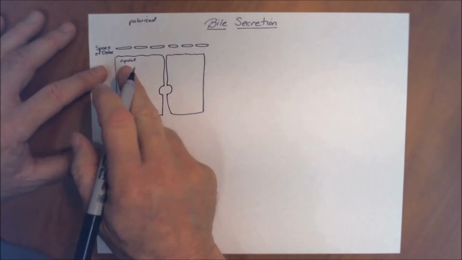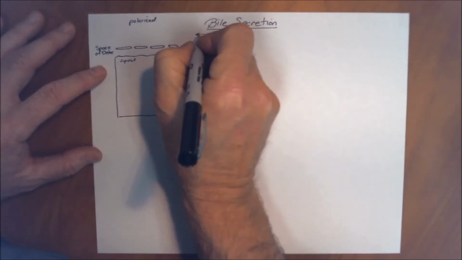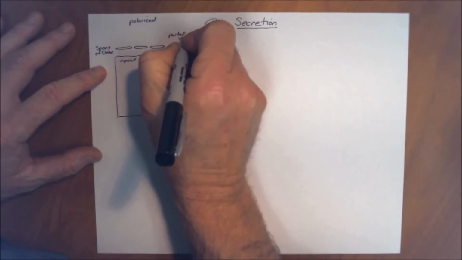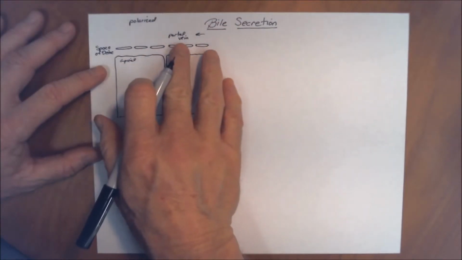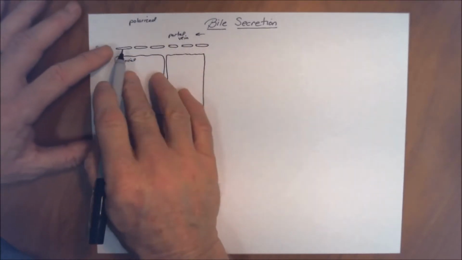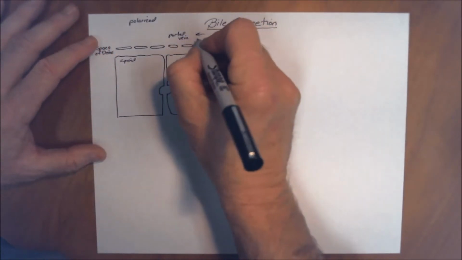The space of Disse is a separation between the endothelial cells that line the hepatic circulation and the apical surface of the hepatocyte. So your portal vein material, which is coming from the gut and digestive system, mesenteries, is coming through here, and the endothelium here is fenestrated.